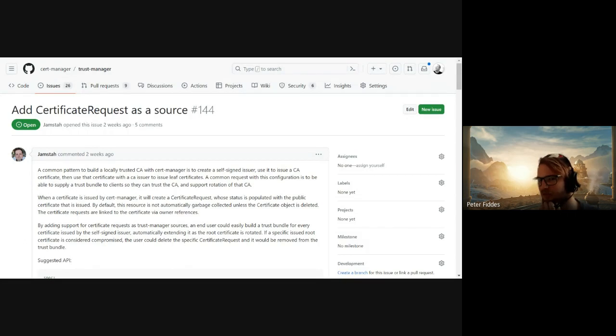We might be able to make some assumptions and say this is the CA and this is the historical CA, and expose that somehow for trust manager to be able to use as part of a combined solution maybe. That's how I thought to go, from the discussion here.